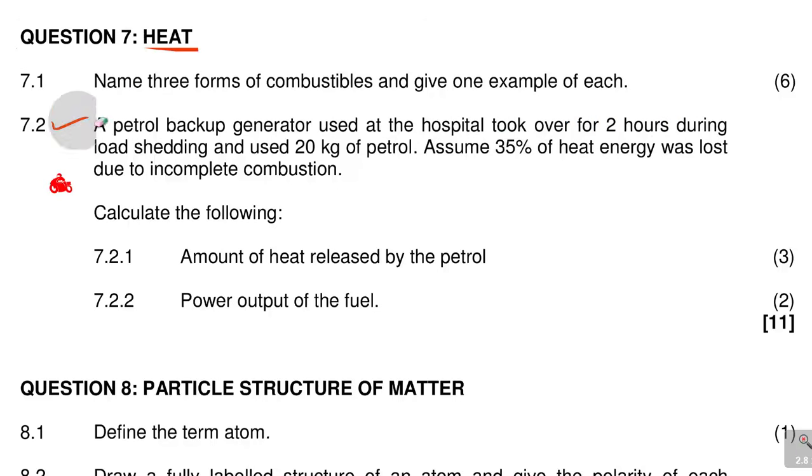It took over for 2 hours during load shedding and used 20 kilograms of petrol. So we've got 2 hours, and 20 kilograms of petrol. So we're dealing with petrol. And then it says assume 35% of heat was lost, not gained but lost, due to incomplete combustion.